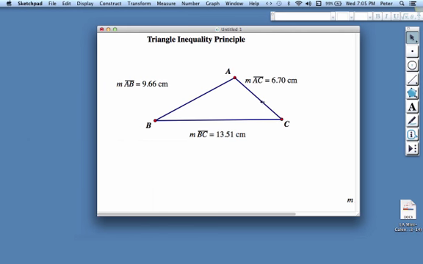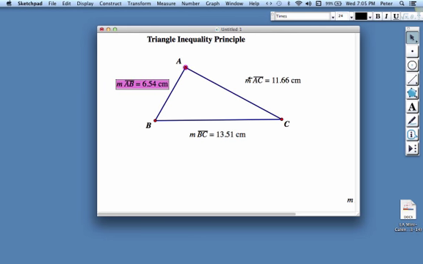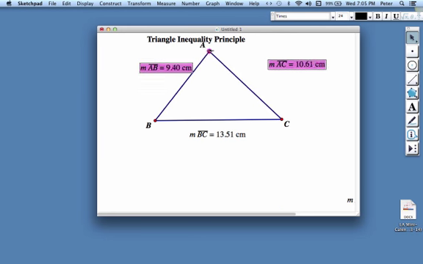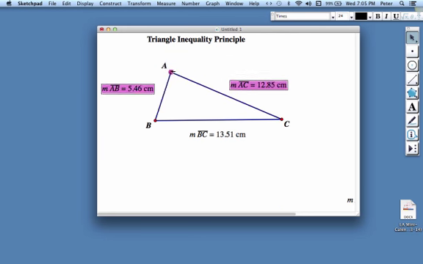Or I could add AC and BC together, and those would be longer than AB. You get the picture. Well, let's take a look at what happens when we manipulate point A. You can see that these two lengths are changing, but their sum would always be greater than 13.51.